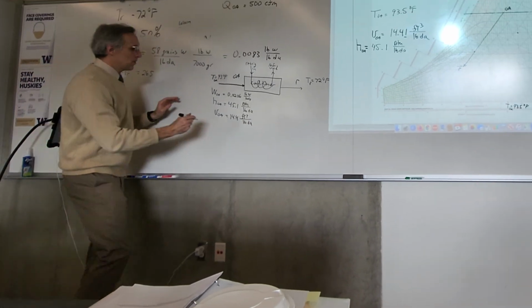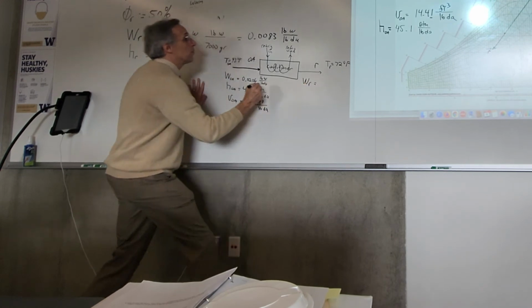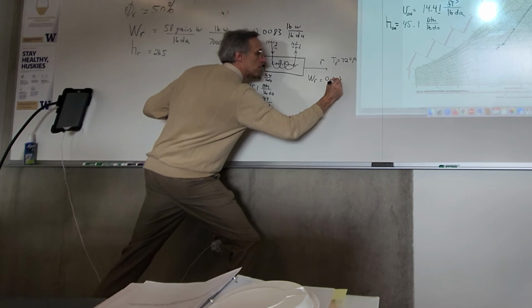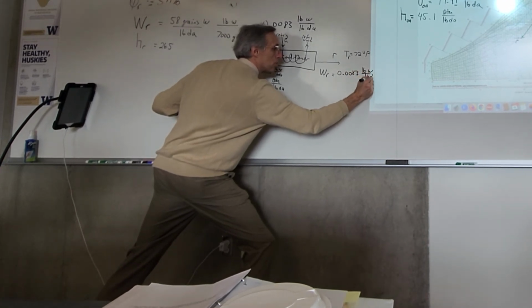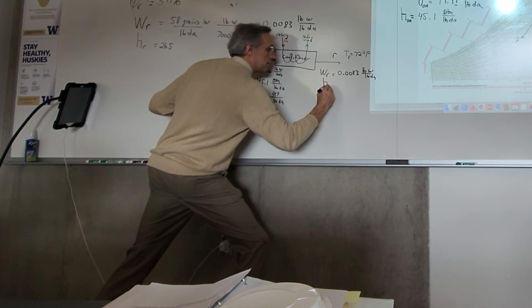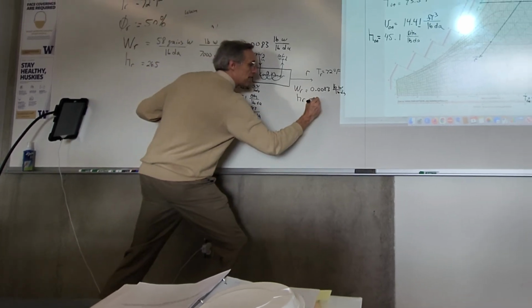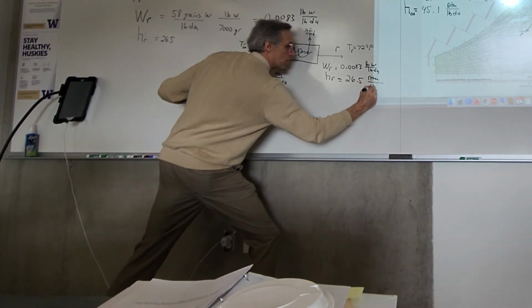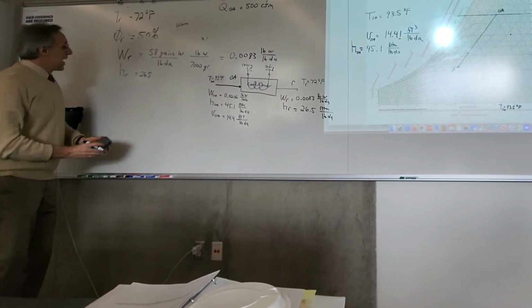And then coming out, we come out at 0.0083, and our enthalpy is 26.5. Okay. So that's a diagram of our system.